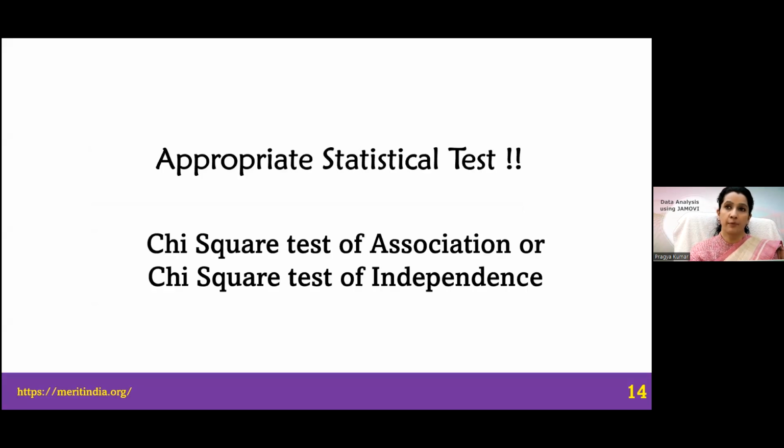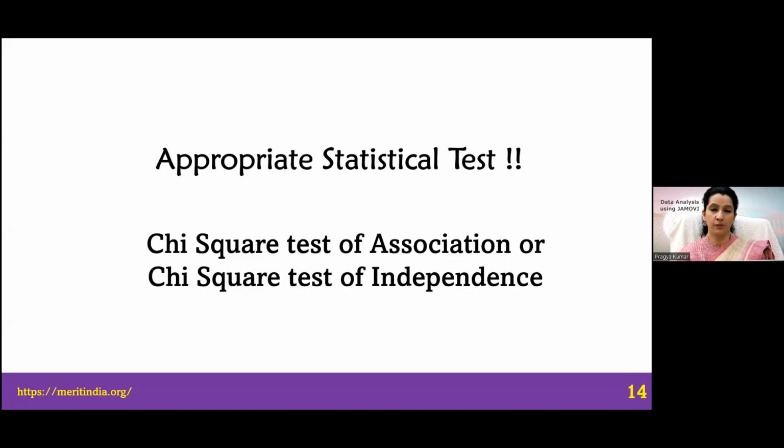So what is the appropriate statistical test? The appropriate statistical test is the chi-square test of association or chi-square test of independence. We also call it a chi-square test of independence because we assume that they are independent of each other, that means there is no association. So it's just the way of saying it. Both are correct.